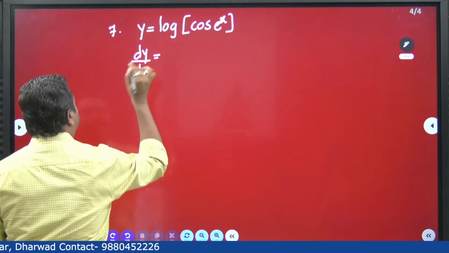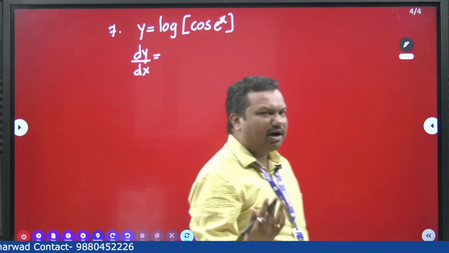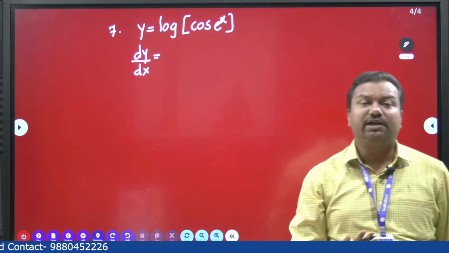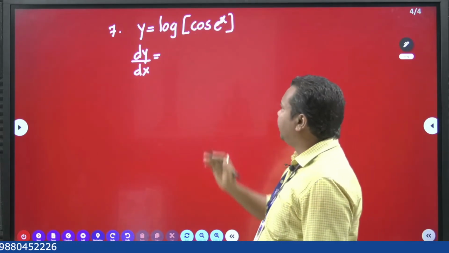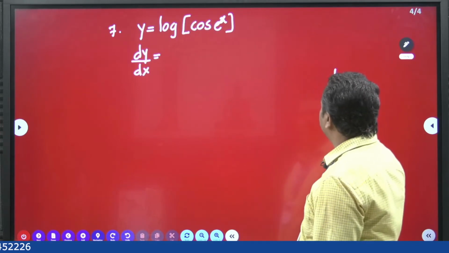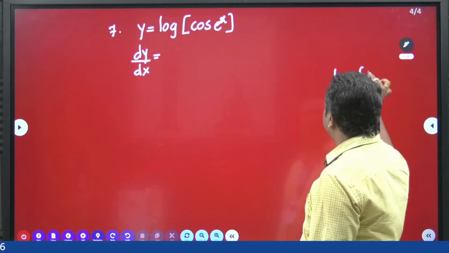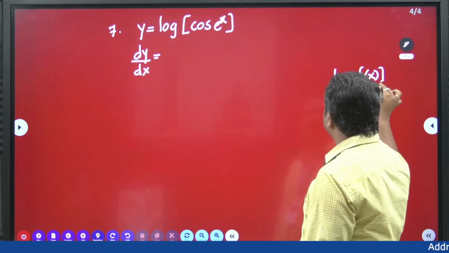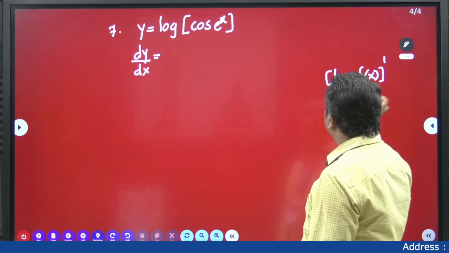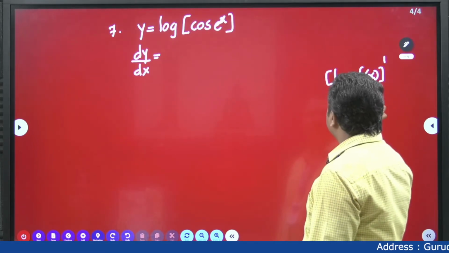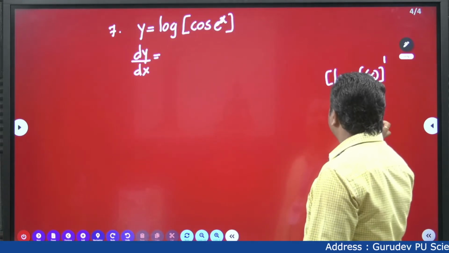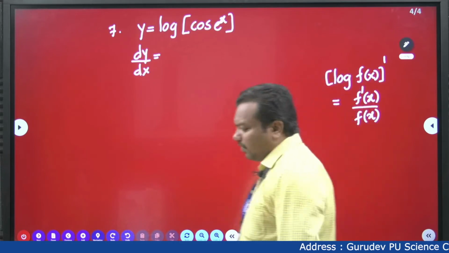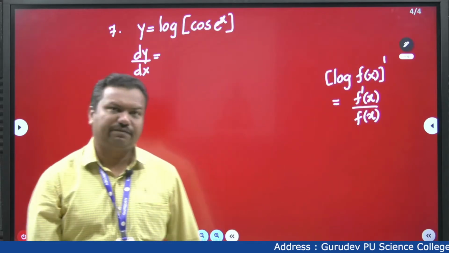Which identity does it follow? Log f of x, that is a composite function, or you can even call it chain differentiation, right? If you recall the identity, what is the differentiation of log f of x? The differentiation of log f of x is f dash of x divided by f of x, that is 1 by f of x into f dash of x.